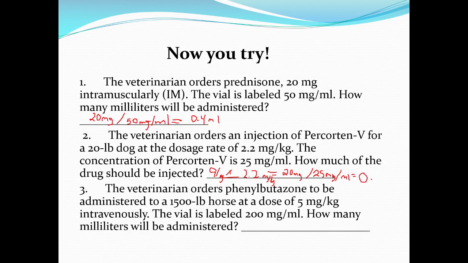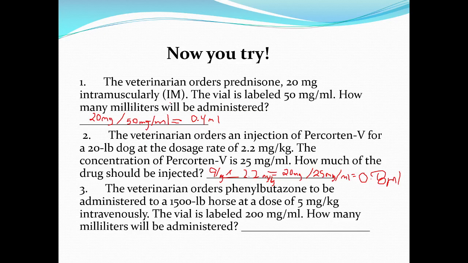So 20 divided by 25, it's going to be close to a mil, it's 0.8. 0.8 mils of Percortin. Okay, so we need to pay attention. We're seeing the words here, but honestly, we're just plugging these numbers into what we know. Dose times weight divided by concentration.